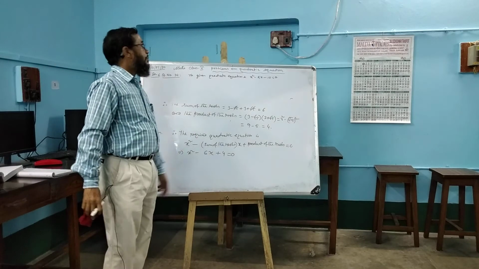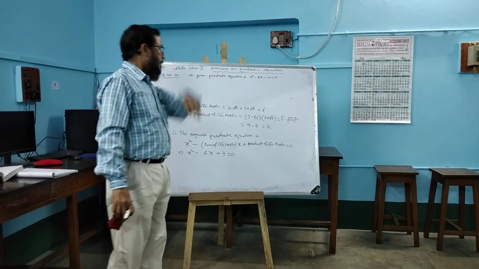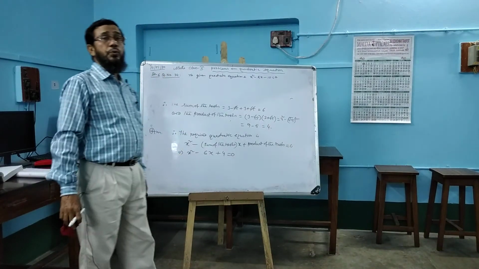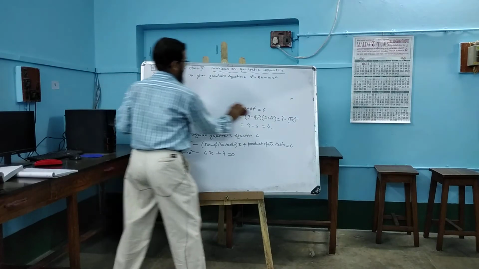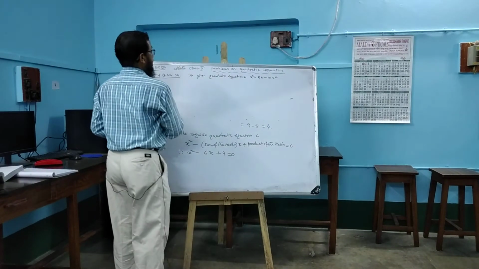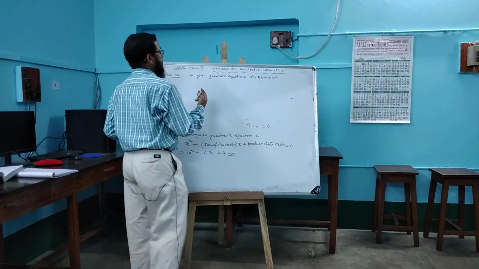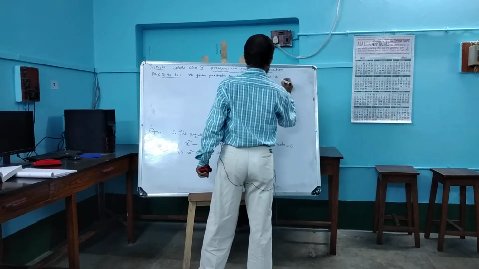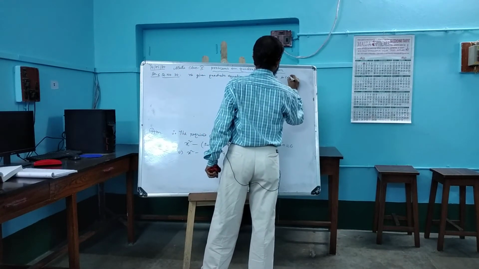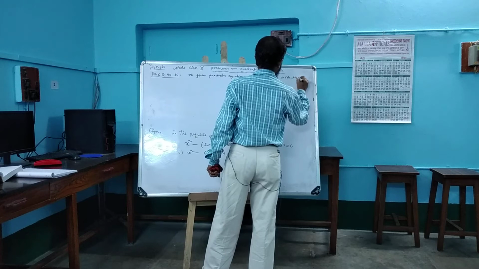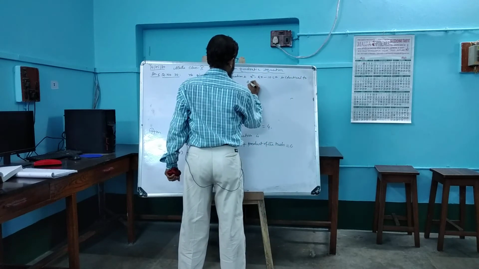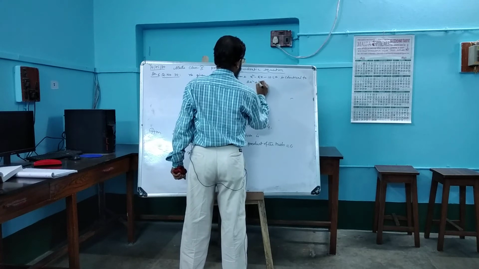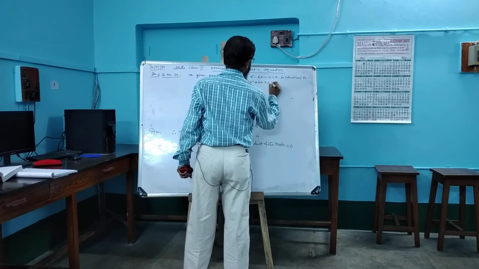This equation we have to solve correct to 2 decimal places. By using formula, this is identical to ax square plus bx plus c equal to 0.